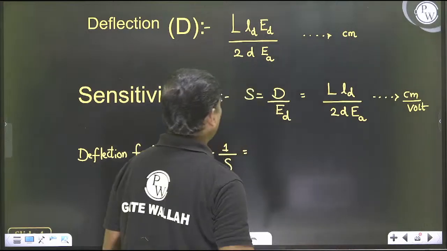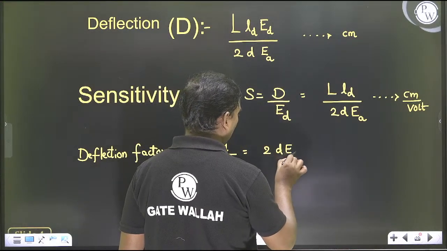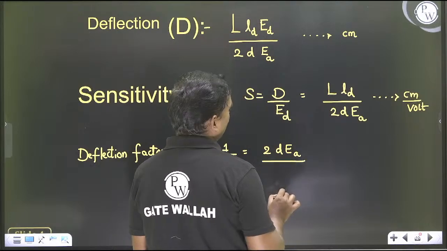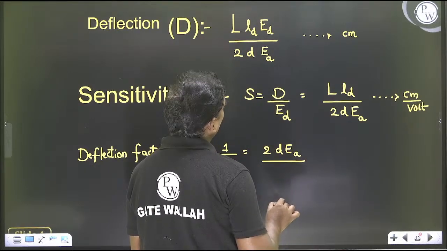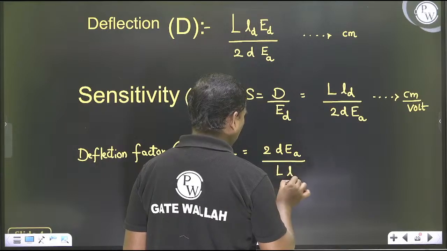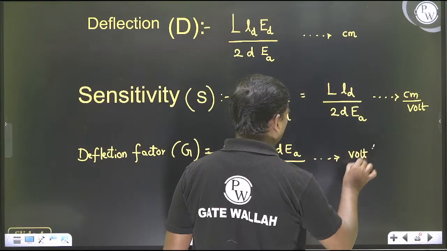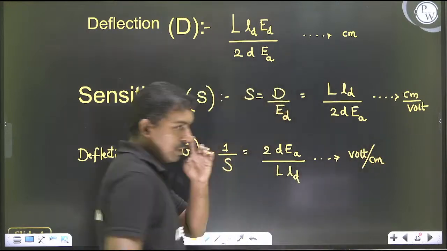When I take 1 by S, that will be 2d EA by L LD. So then the units are volt per centimeter. Please make a note of these points.